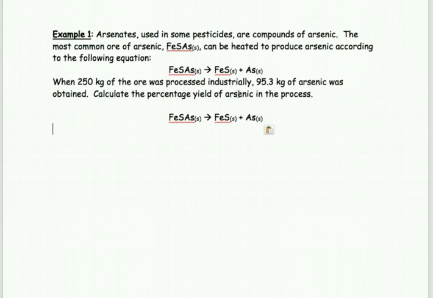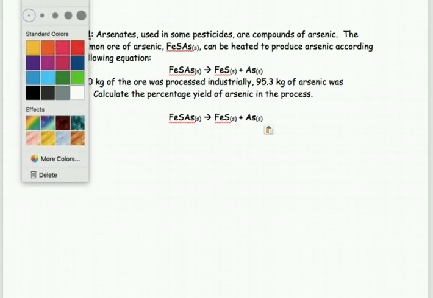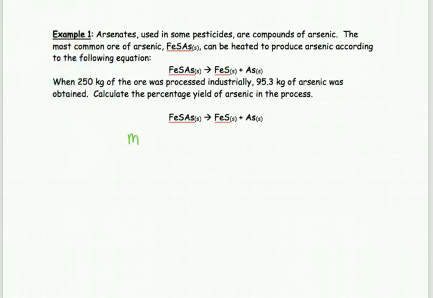So let's write down the information that we know. We know the mass, and I'm going to call it the ore. We know the mass of this ore here, and it's 250 kilograms. And we know another mass here, which is what we have obtained.